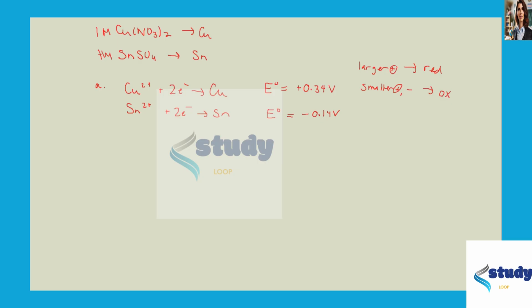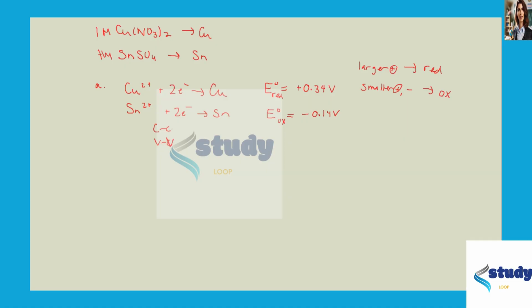If we want a spontaneous reaction, we want the reduction minus the oxidation to be a positive value. So in this case, in order for E cell to be positive, copper would have to be the reduction and tin would have to be the oxidation. In terms of the electrodes, the trick to remember is consonant, consonant, vowel, vowel.